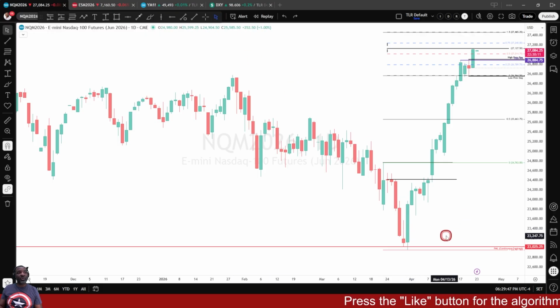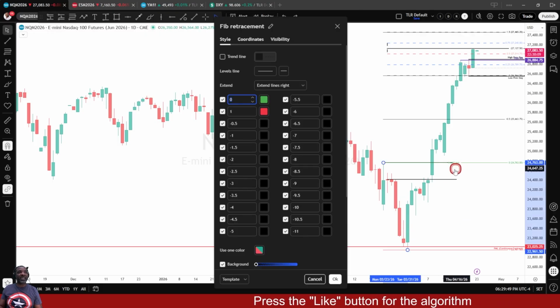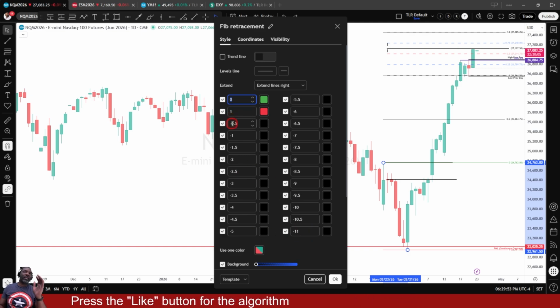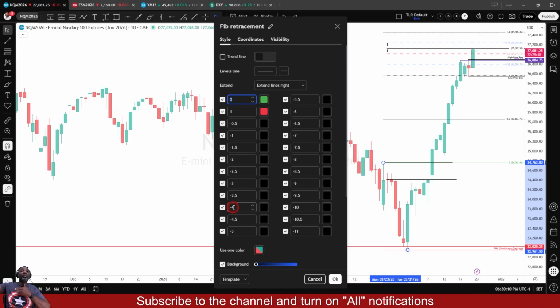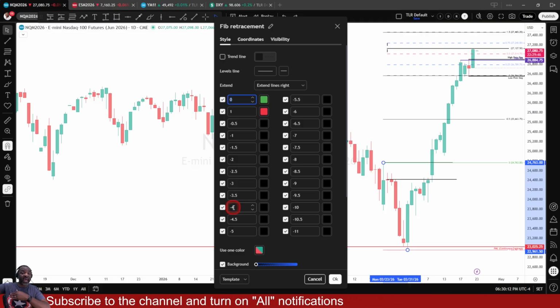And for those who don't know what the settings are for projections, you don't have to go up to -11. Tim, why do you have negative numbers in here? You set it in half standard deviation moves because the algorithm is going to respond to these levels. Why? Because the algorithm moves in these halves, quarters. Think about it. Premium discount. What are you doing?